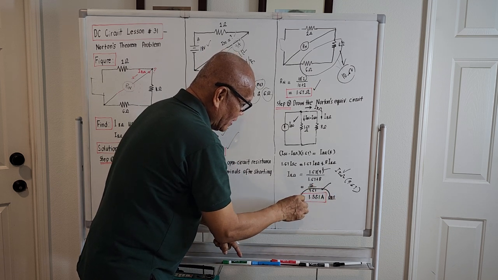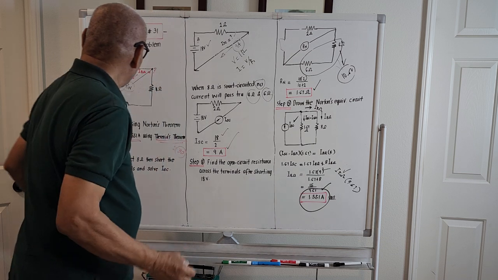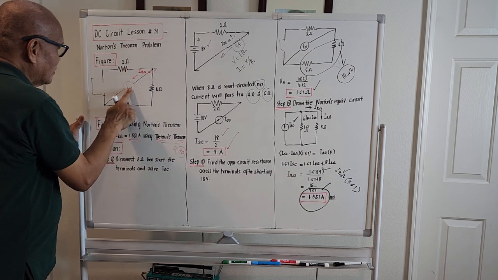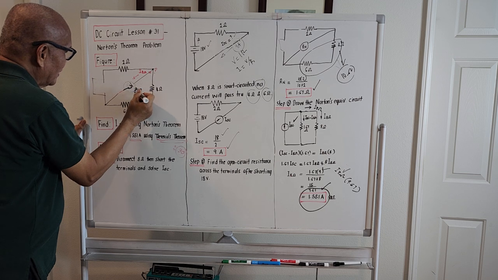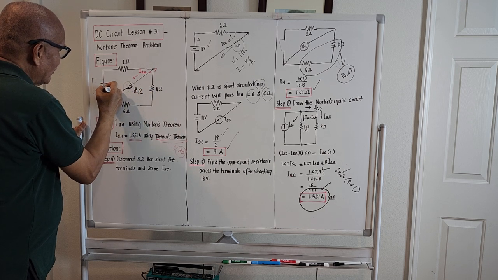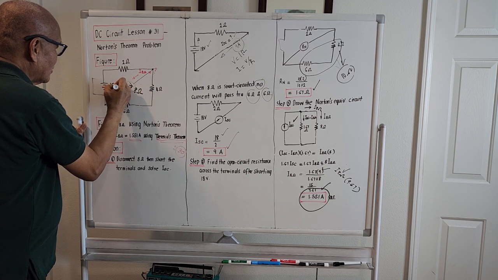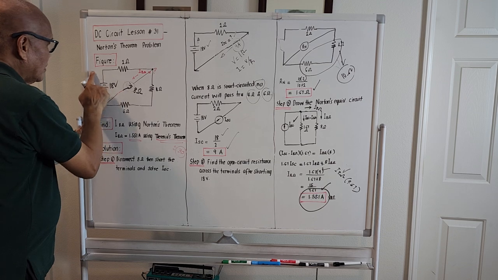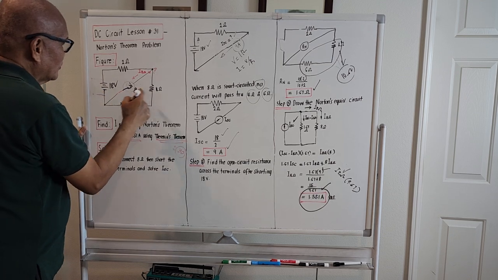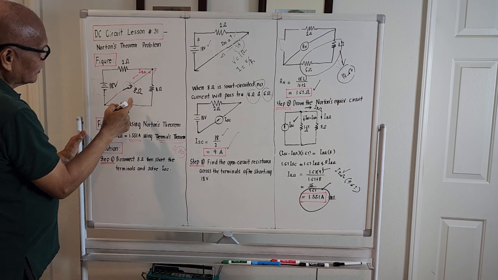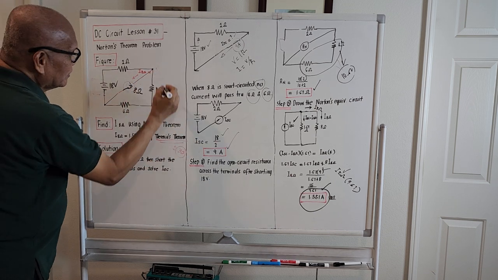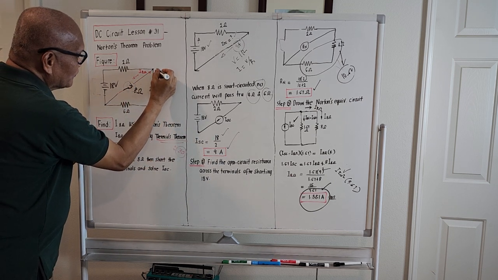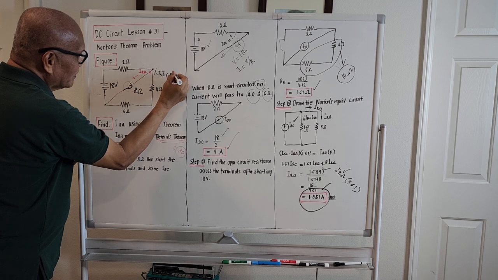And this current here is actually the current passing through the 8 ohm load, with the value 18 volts. So the current passing through this 8 ohm here, according to our computation, is 1.551 amperes.